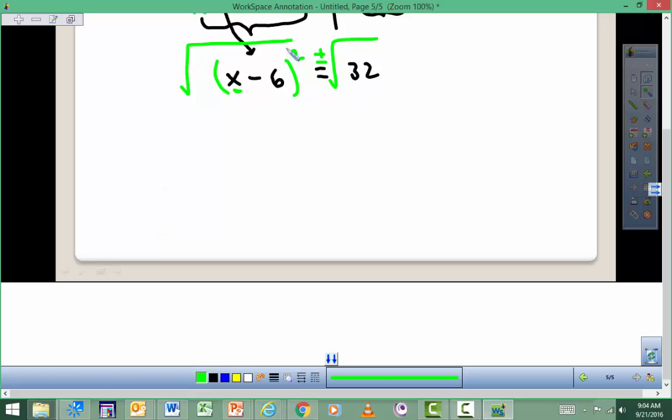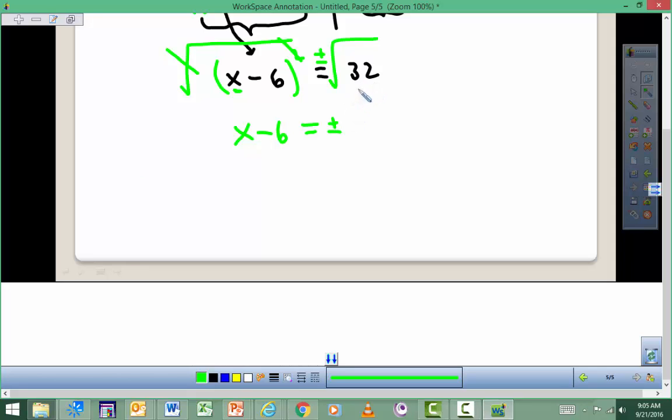And when you take the square root of a perfectly squared number, they're inverse operations, so they cancel. So we get x minus 6 here, and that's equal to plus or minus square root of 32. Now, do you guys see some perfect squares in there? Yes. How about 16, right? 16 times 2.